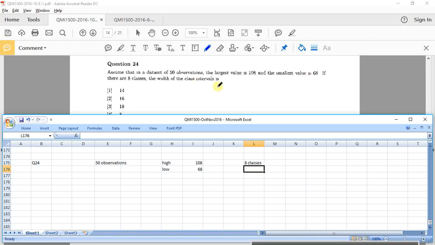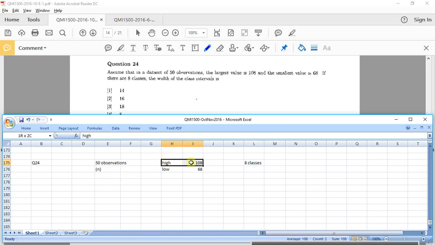Class intervals. The width of the class intervals. Because they're asking for width. So width to me means how long the classes are. I don't know if that makes sense. Does it make sense? No, it didn't make sense when I tried to do it. So, okay, right now I've been given the number of observations, which is basically n.